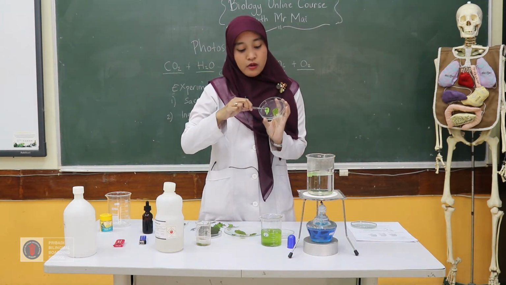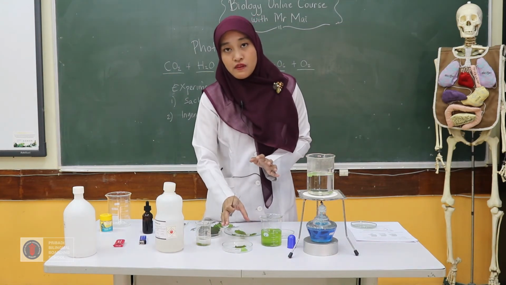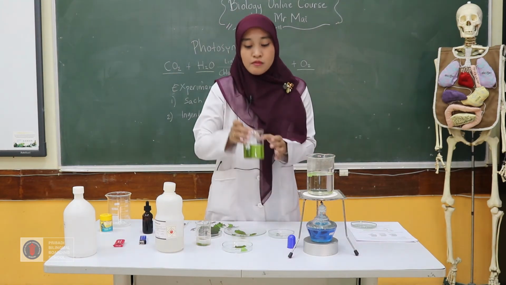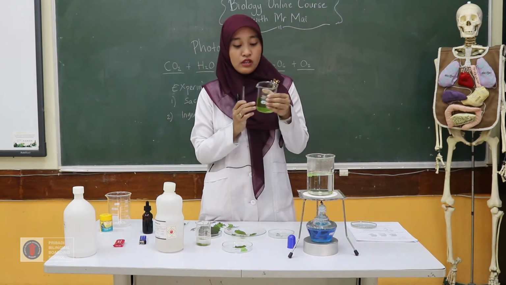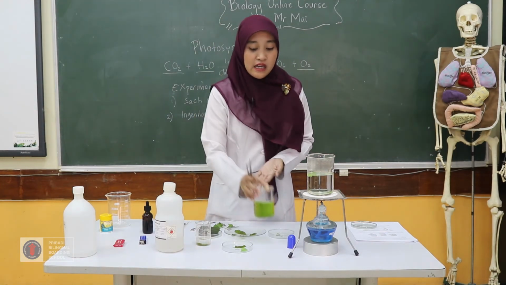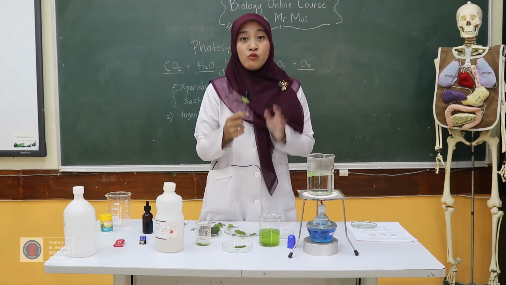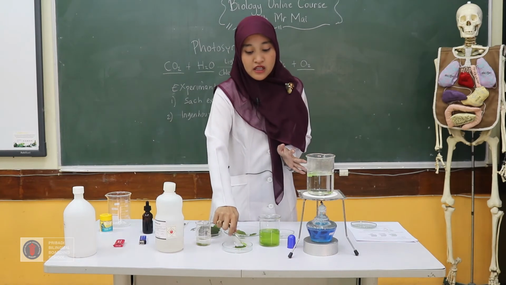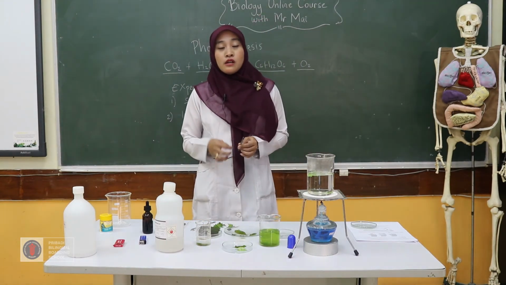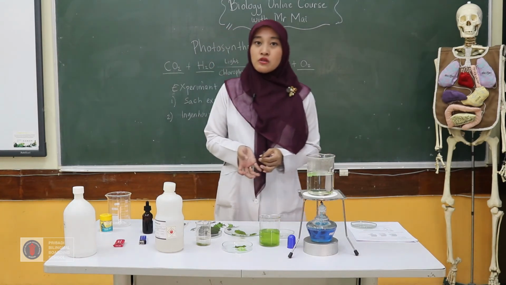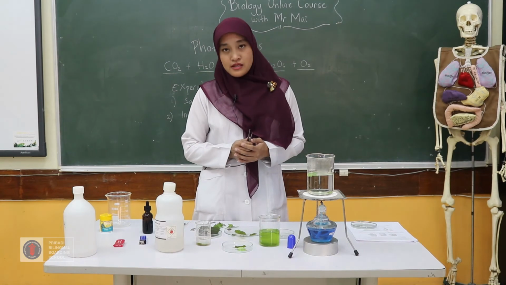It looks white. It's because the chlorophyll inside the leaves is released by the alcohol, so it is released into the alcohol, the alcohol turns green, and it comes out from the leaves. We release the chlorophyll first because we can see more clearly the glucose that is produced by the photosynthesis process.